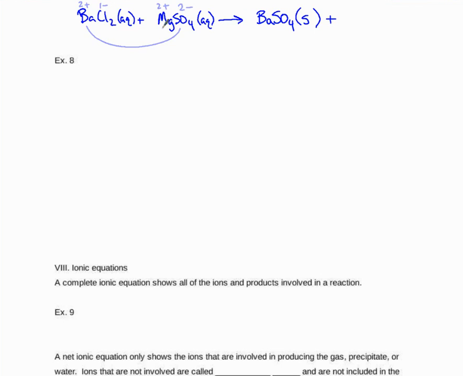The other compound will form between magnesium and chloride. And so you'll want to know its formula, switching the charges. MgCl2. So I'm going to write my parentheses, and then I'm going to go check that chart.